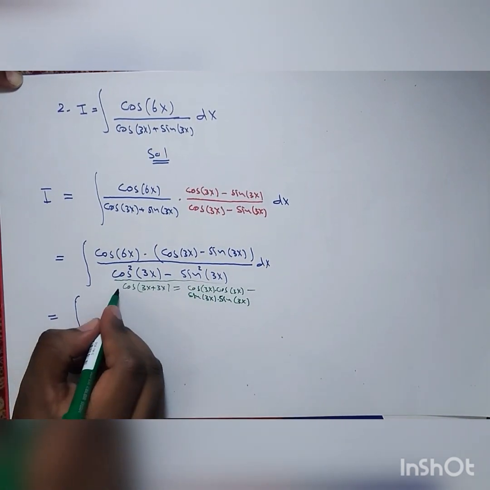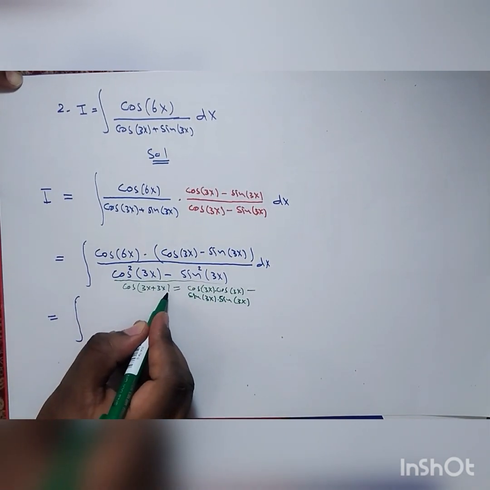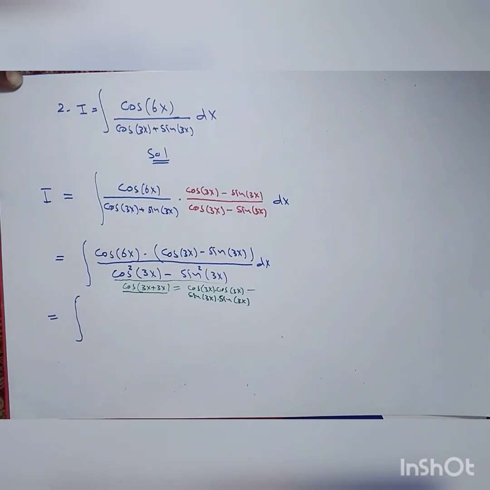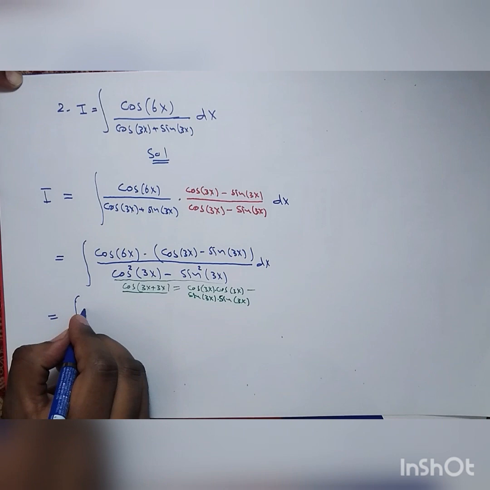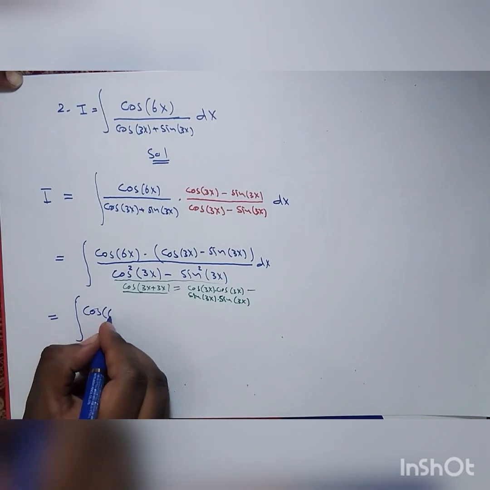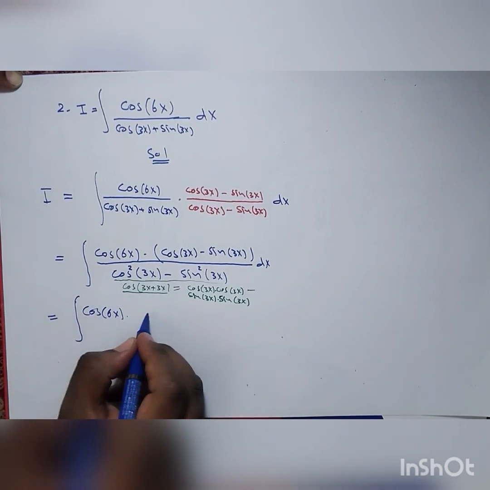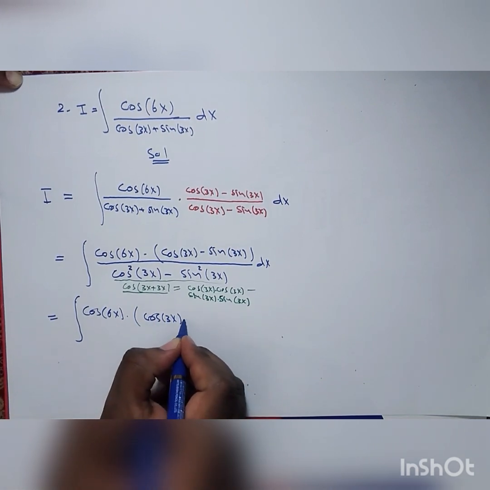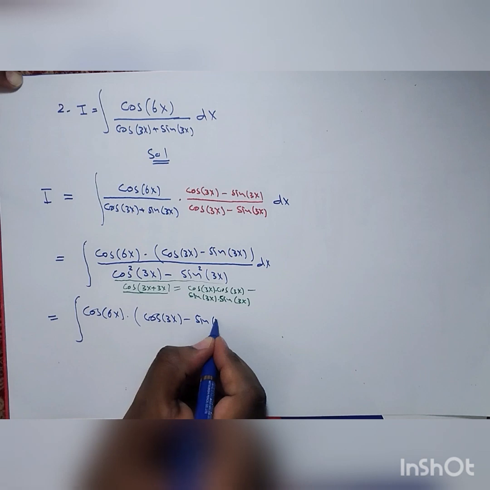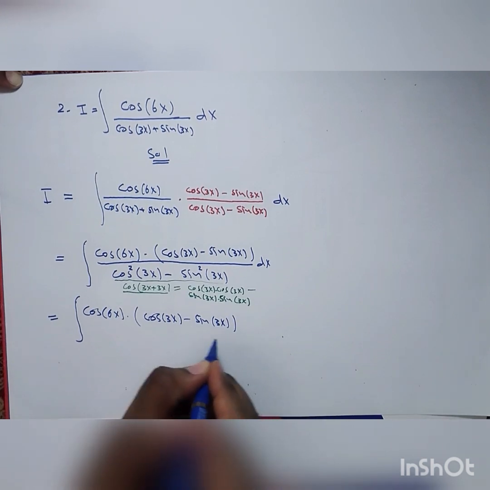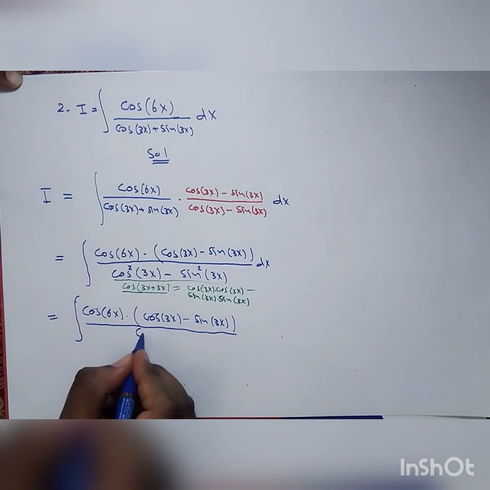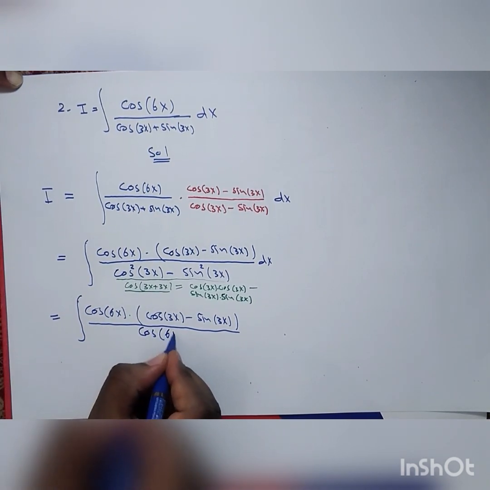So that is cosine squared 3x minus sine squared 3x, which is exactly cosine 6x. So here we have cosine 6x times cosine 3x minus sine 3x, and everything we divide by cosine 6x.